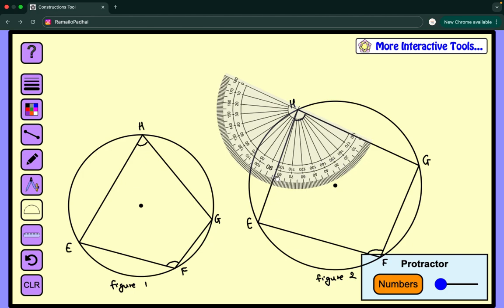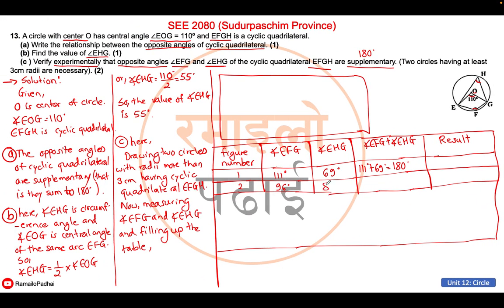Okay, so this is 84 degrees. 96 plus 84 equals 180 degrees. Result: the sum of opposite angles is 180 degrees.